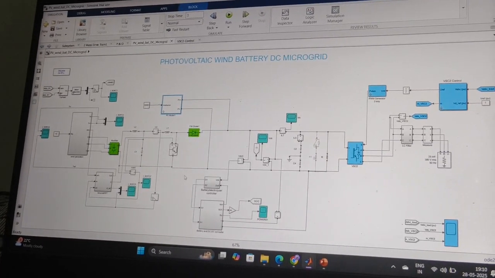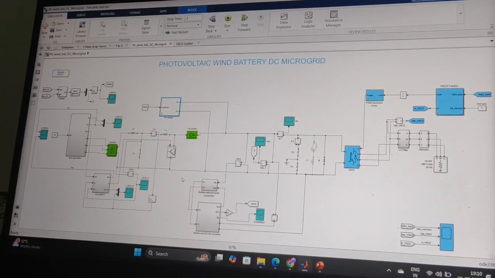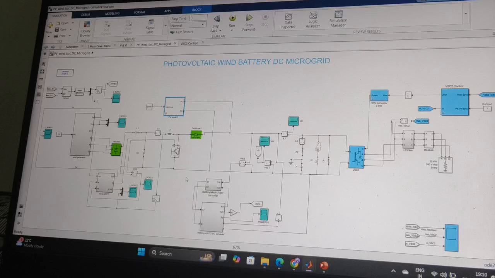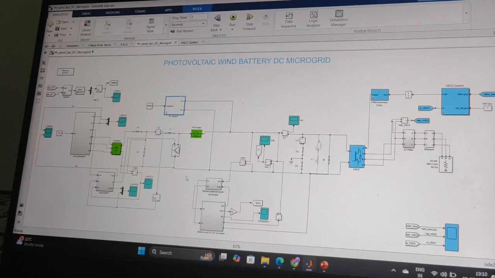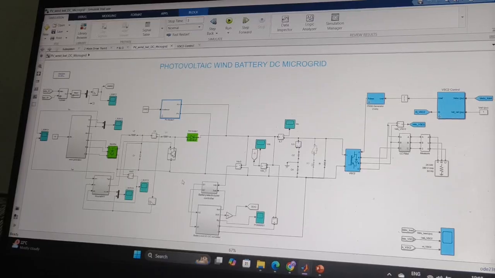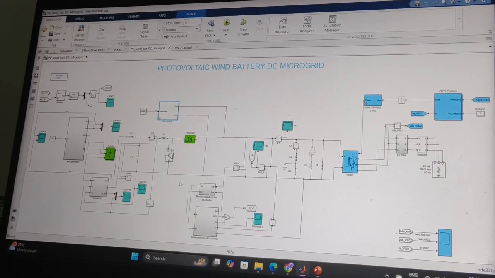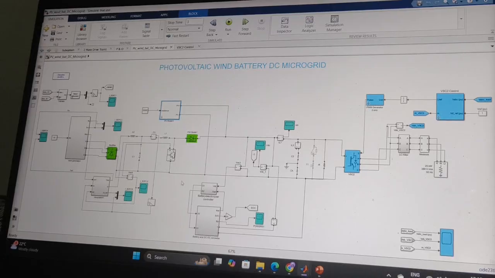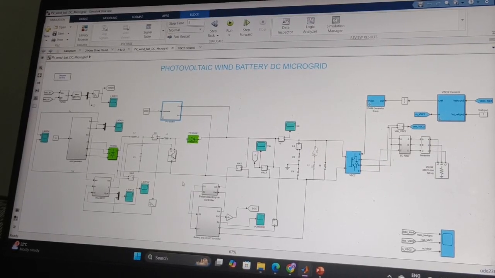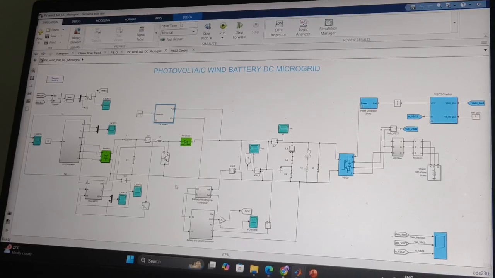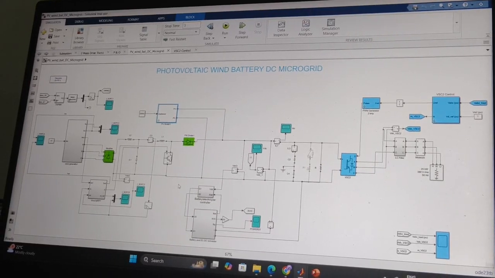We set the voltage so that the battery supplies 700 volts. We kept the battery for consistent flow and 24 by 7 supply of current. When wind MPPT and solar are working at maximum, both supply current to the output, and the battery also gets charged at that time.